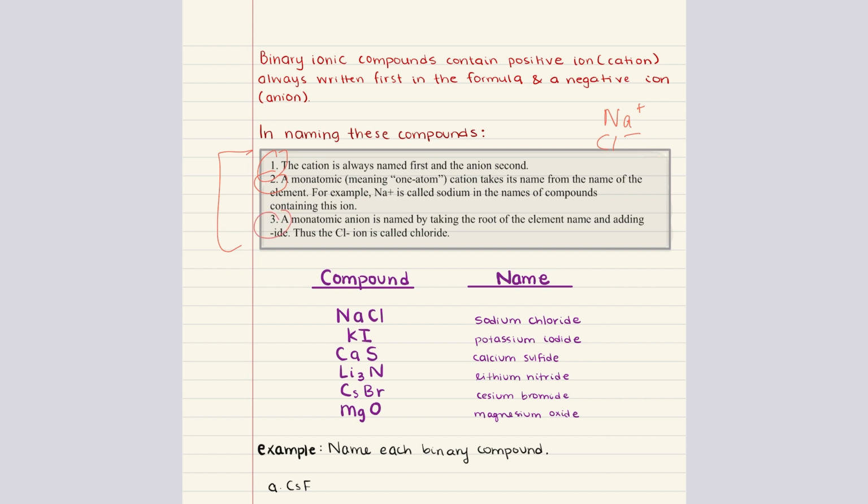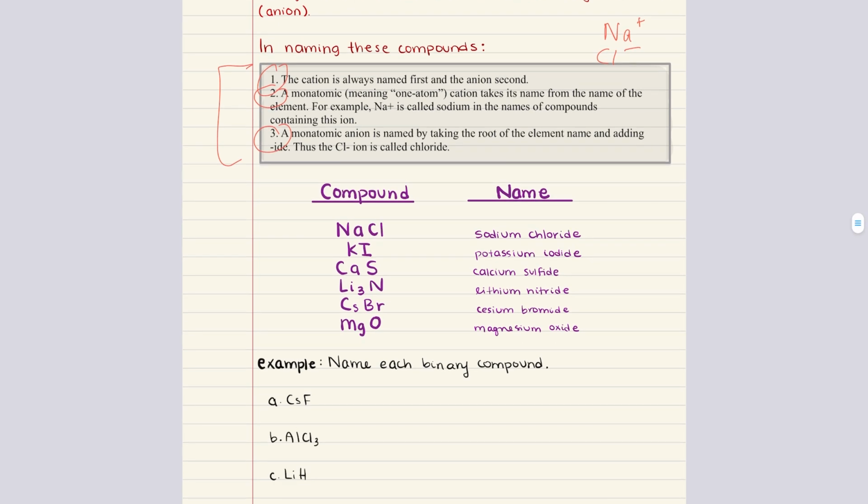Then our third and final rule is that no prefixes are used in ionic compound names. Those are reserved for molecular compounds, which we're not going to cover in this lecture. Let's take these three rules and apply them to a few examples. NaCl is called sodium chloride because it consists of Na+ and Cl-.